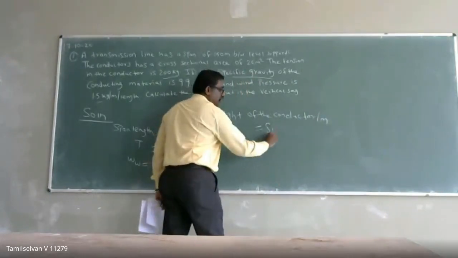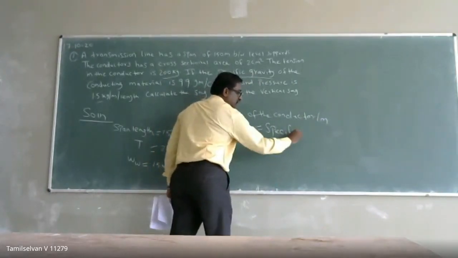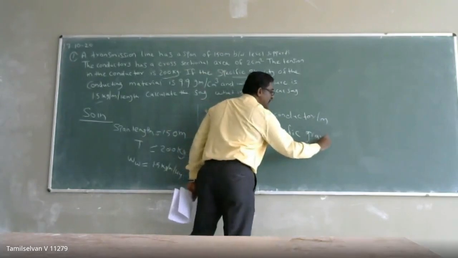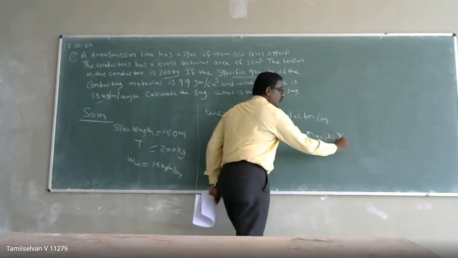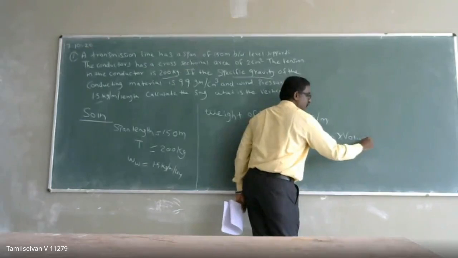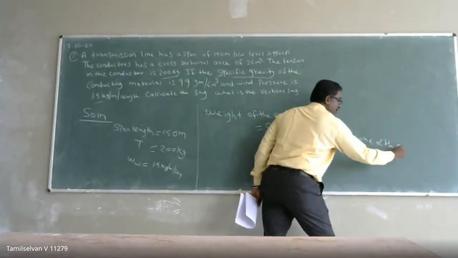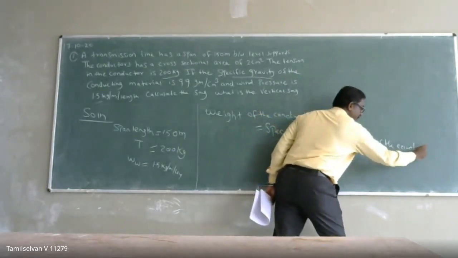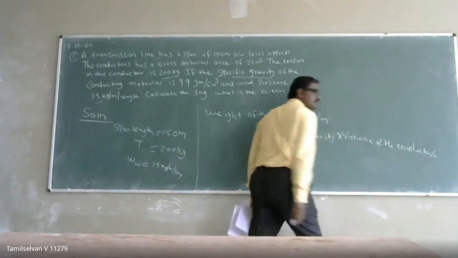It means specific gravity into cross-section area per meter.